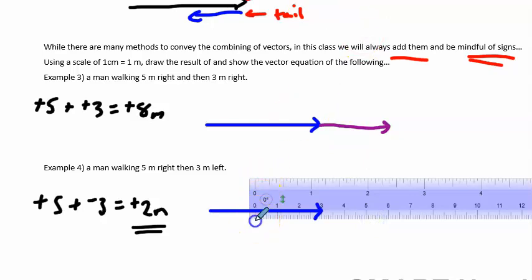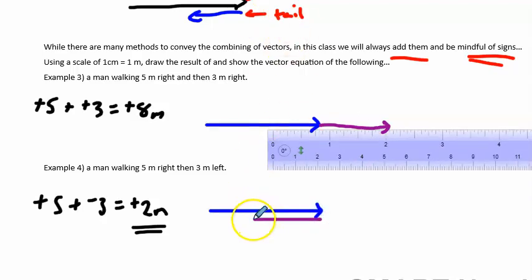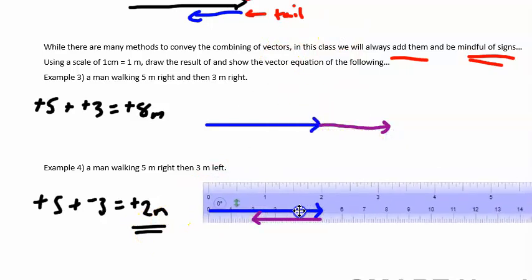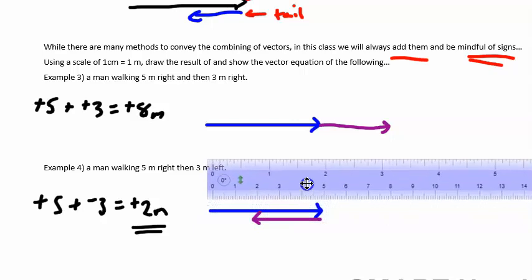And so that will look something like this. What we see here is a result that would be, in fact, 2 centimeters in length. That is representative of 2 meters.